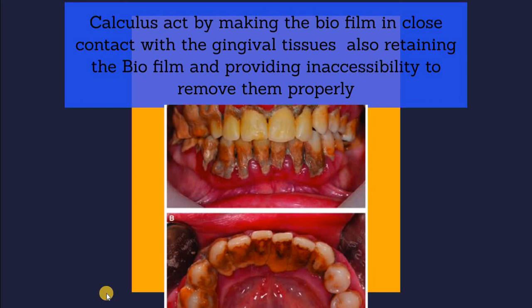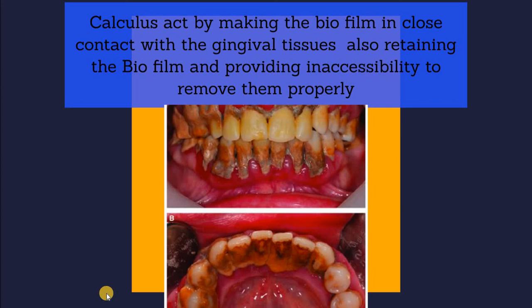The danger of calculus regarding periodontal disease is that it keeps the dental plaque, the biofilm of bacteria, in close contact with gingival tissue, because it has a rough surface and the bacteria will aggregate on the plaque retentive areas.